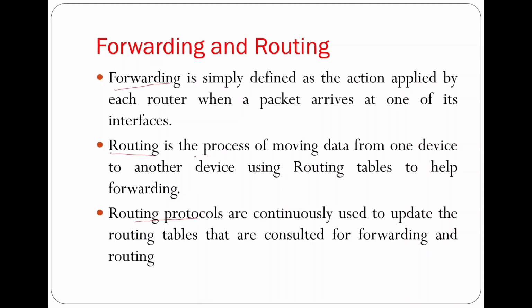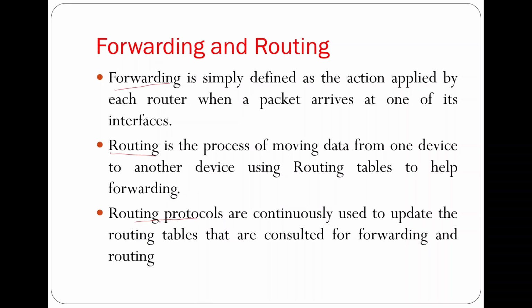That means the routing table may contain information about different parameters, like what is the cost of a particular path, what is the time delay in that particular path. Sometimes our main agenda will be following the less delay path. There will be multiple paths to forward the packet, but we will choose the path that is giving less delay, so all that information is present in these routing tables.